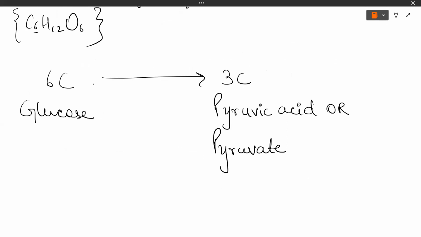See, whenever I say respiration, always keep it in your mind that it has something to do with the release of energy. Release of energy is respiration.